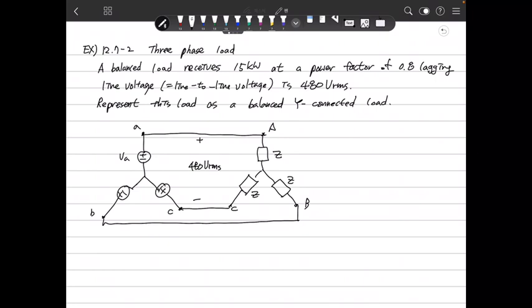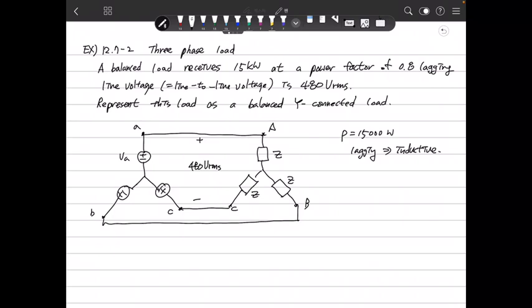Then the total power P is 15 kilowatts, 15,000 watts.